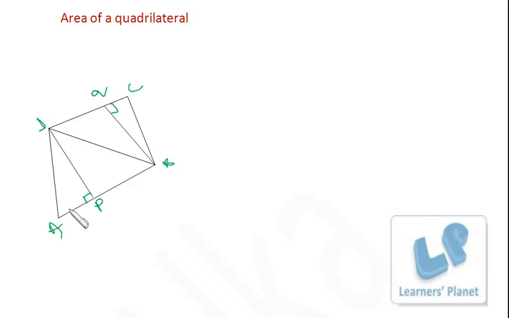Now the area of this quadrilateral ABCD will be the area of triangle ADB plus the area of triangle BDC, right? Area of quadrilateral ABCD equals area of triangle ABD plus area of triangle BDC.